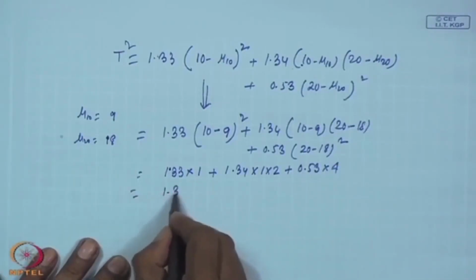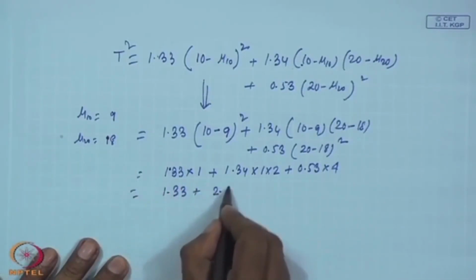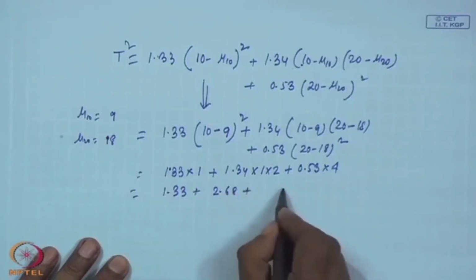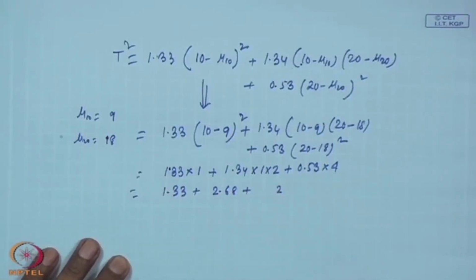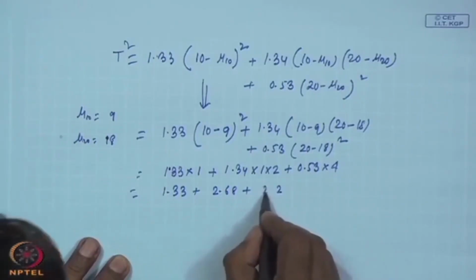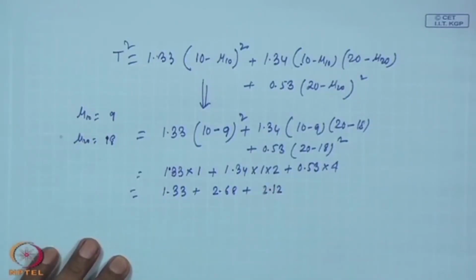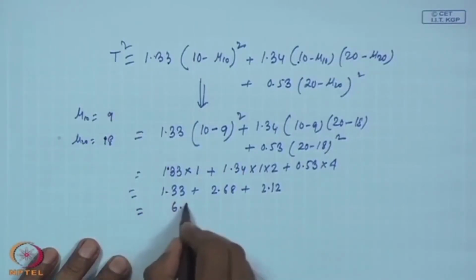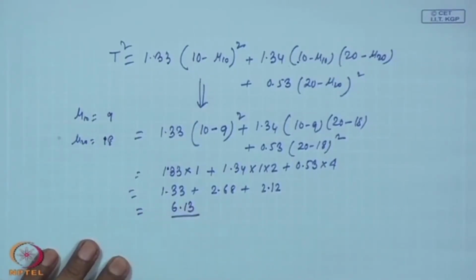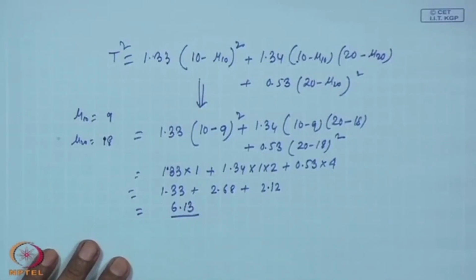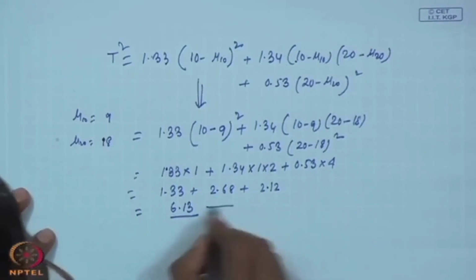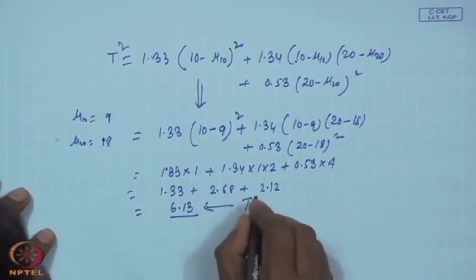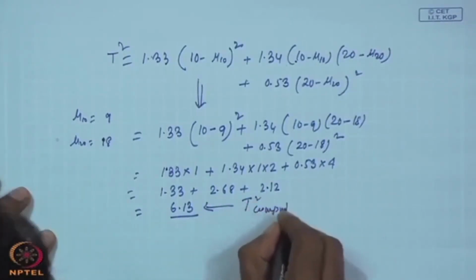So, what will be this value? 1.33 plus 2.68 plus 2.12, so this is 6.13, correct. So, this is the t square computed from data.